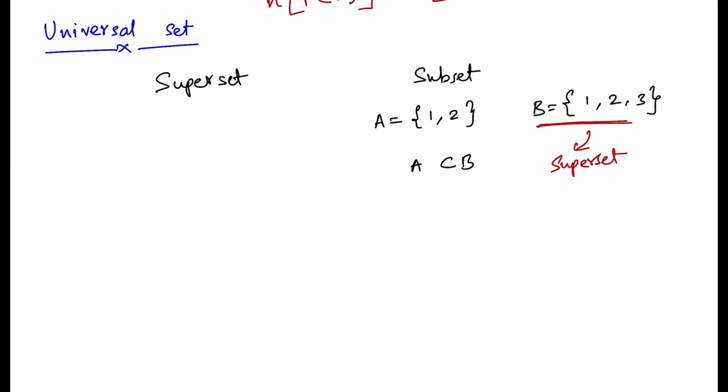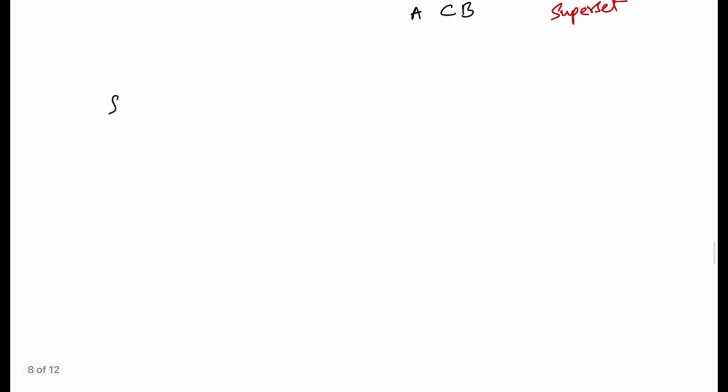Next we will define the universal set. Let me take another example. Here I have taken four sets, for instance a set that has two elements and a set that has elements 1, 2, 3.